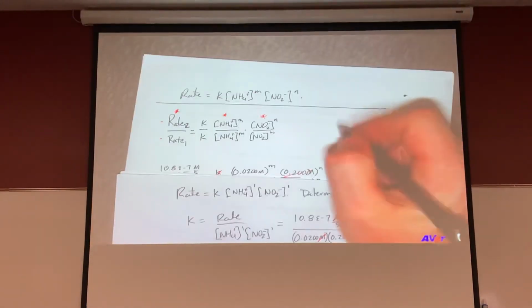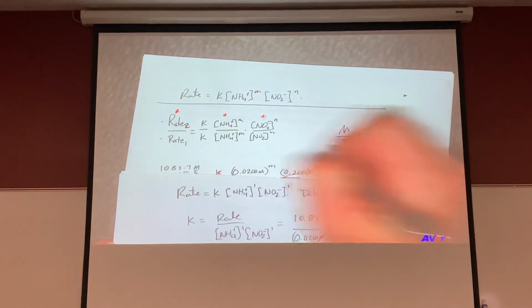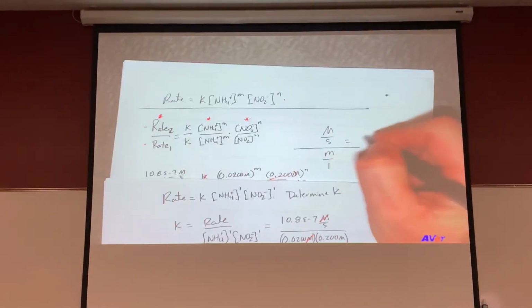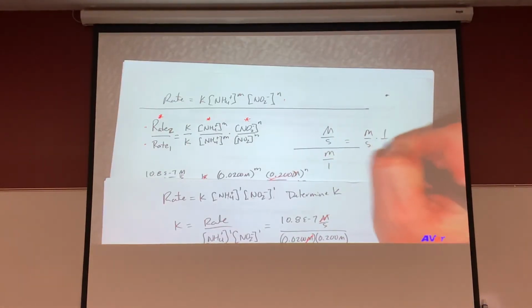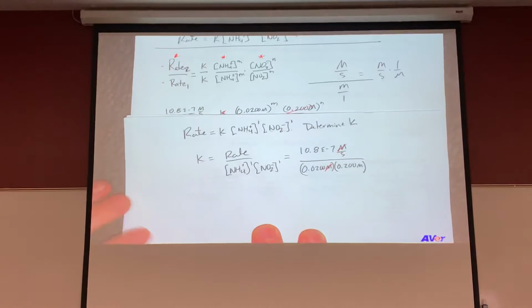In the same day as logarithms. So you get molarity per second over molarity over 1. To solve that, remember you take the reciprocal of the bottom and multiply by the top. It turns into molarity per second times 1 over molarity. That's the way you solve that complex fraction. I don't know what the rule is called.